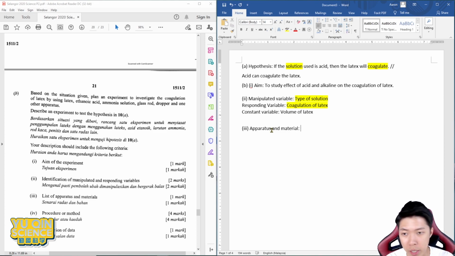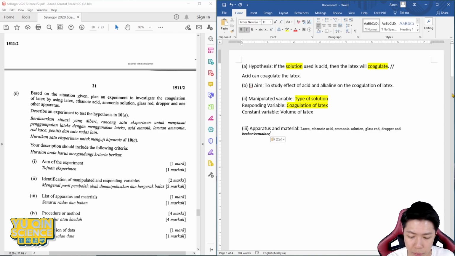Usually you need to write measuring tools, which are missing here, like thermometer, ruler, stopwatch. But in this experiment there's no measuring tool because you see with your eyes whether it coagulates or not, nothing to measure. So what is missing is usually your beaker, test tube and all that. Okay, alright, cool.